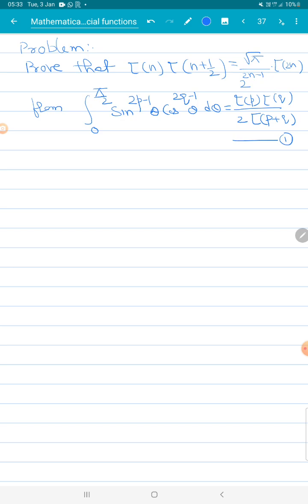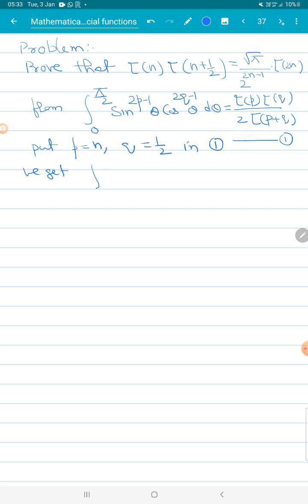In this integration, put p is equal to small n, and q is equal to 1 by 2. In this result 1, what do we get?